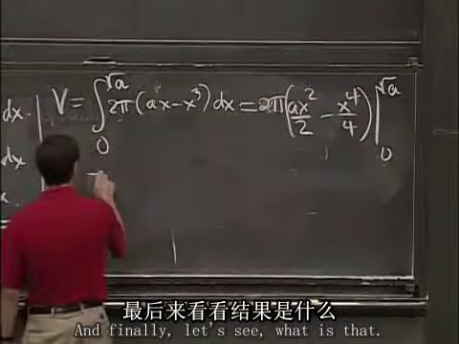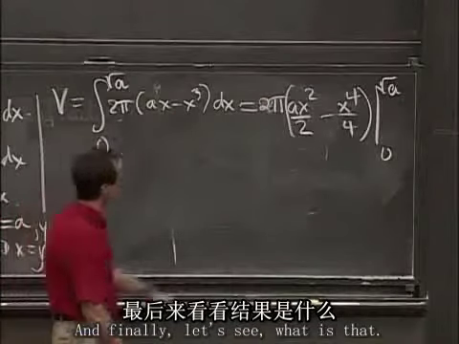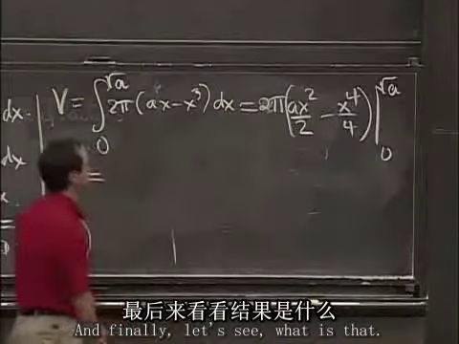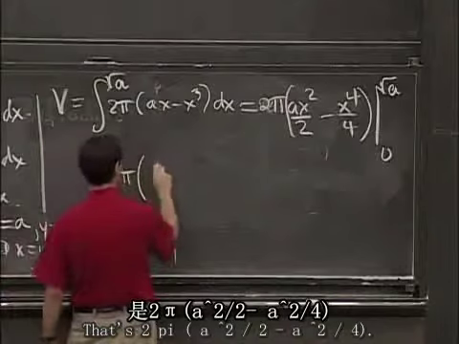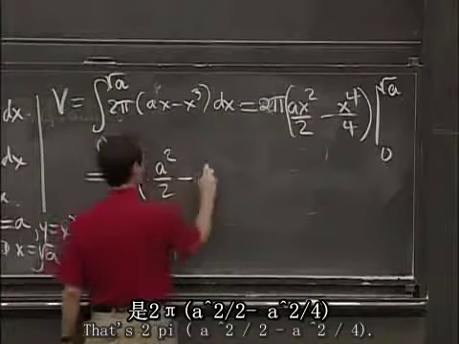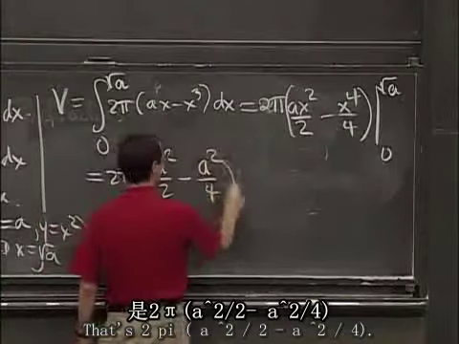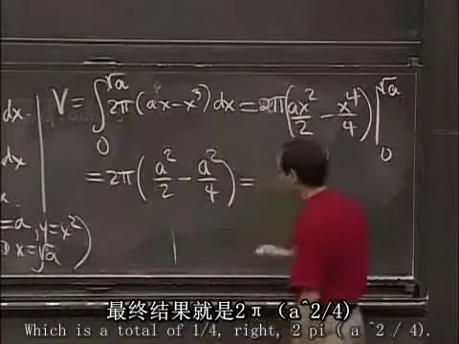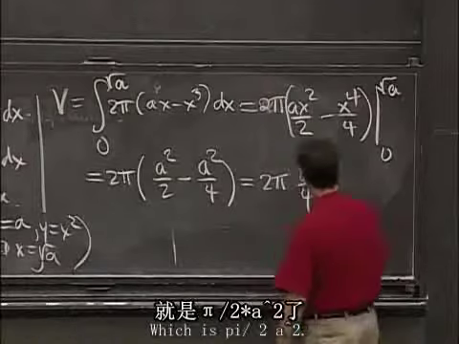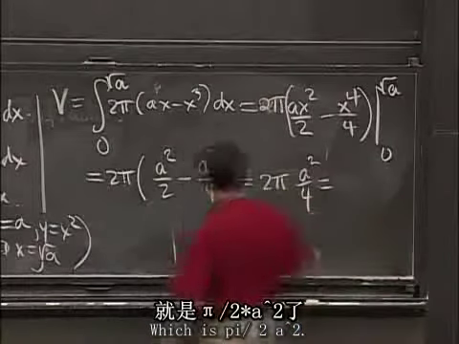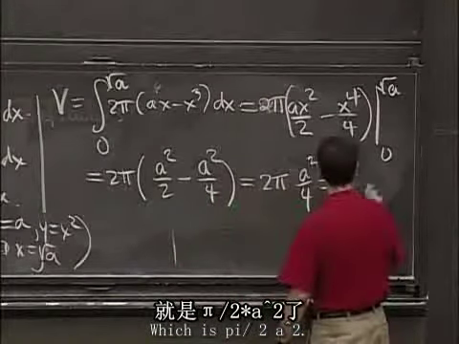And finally, let's see, what is that? That's 2 pi times (a squared over 2 minus a squared over 4, which is a total of a squared over 4, right?) So 2 pi times a squared over 4, which is pi over 2 a squared.